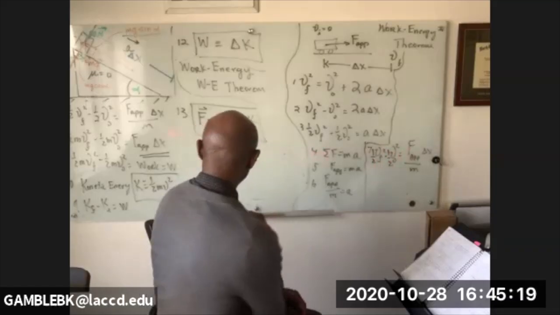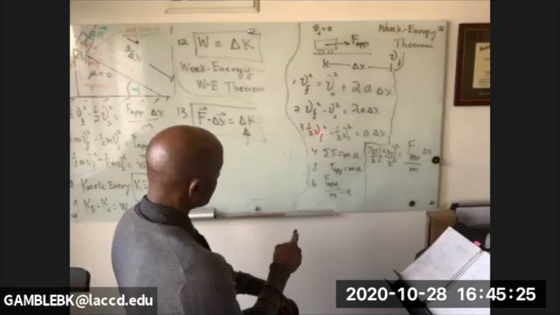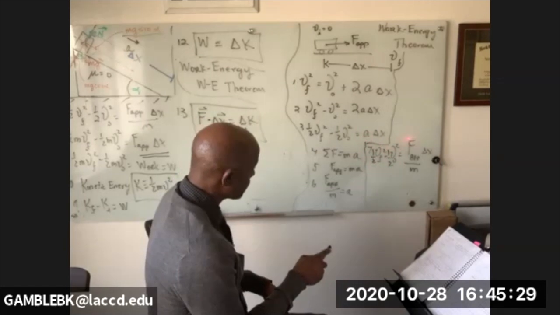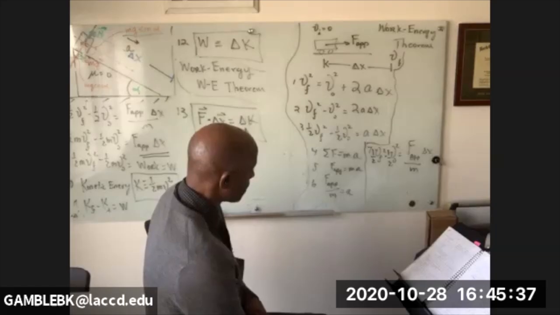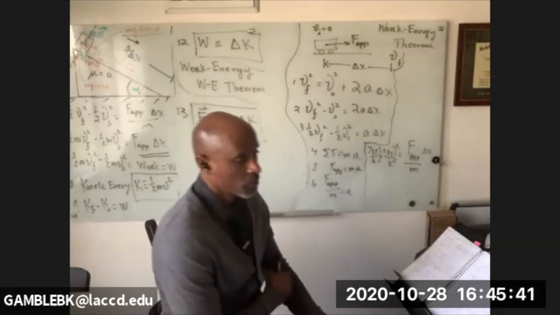I kind of bunched it up over here, but I rewrote it right here. The left side is still the change in 1/2 mv squared, but A is equal to F over M, and the delta X is still there. Makes more sense. And then after that it was just algebra to get to the other form.